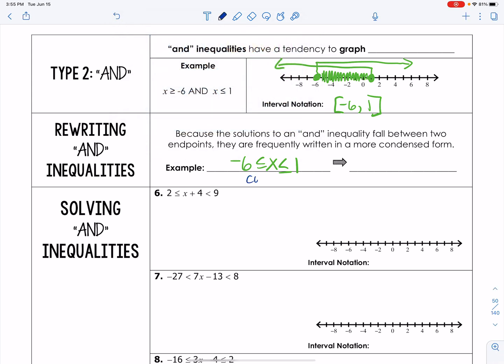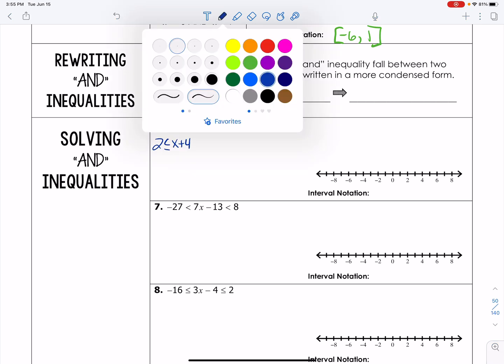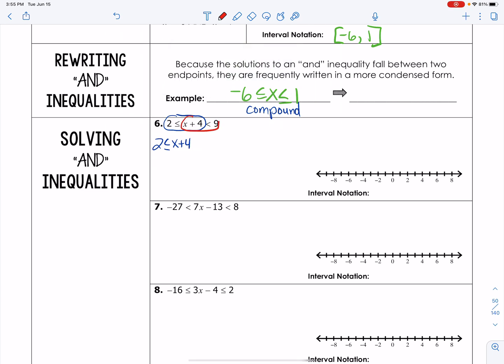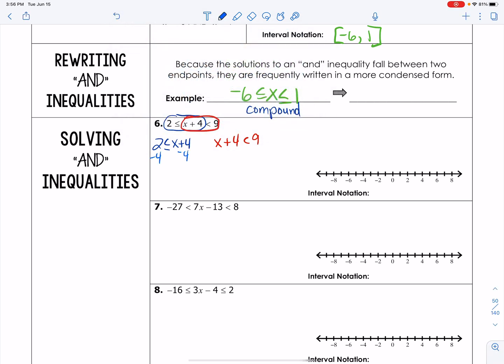I'm not really so worried about you doing it that way, but if you look at this next one, you can split this up into 2. So you have one that's 2 is less than or equal to x plus 4. And then if I circle this, you have x plus 4 is less than 9. So you're doing each of them separately. I'm going to subtract 4 and subtract 4, and I get -2.